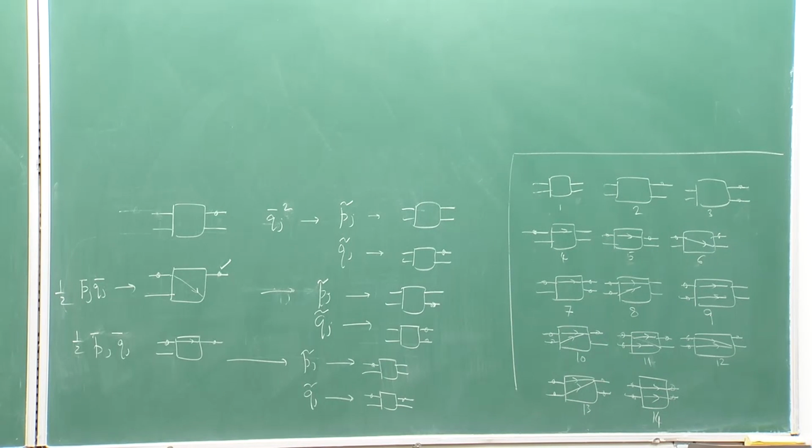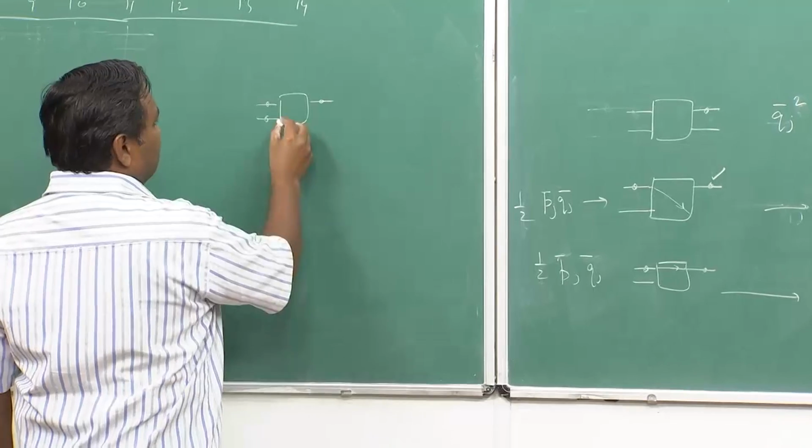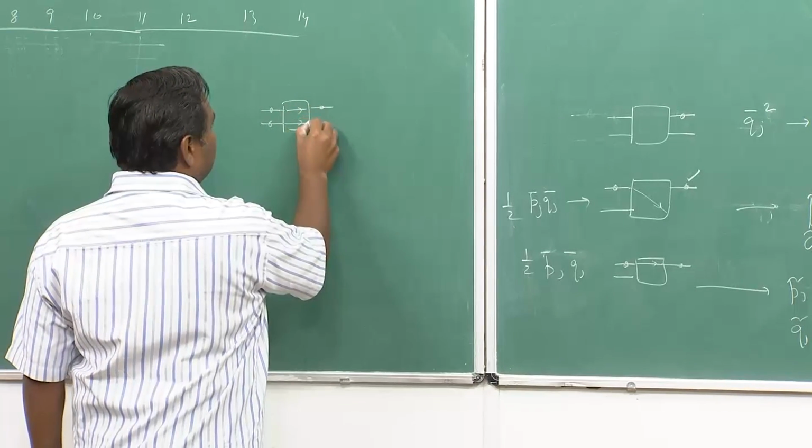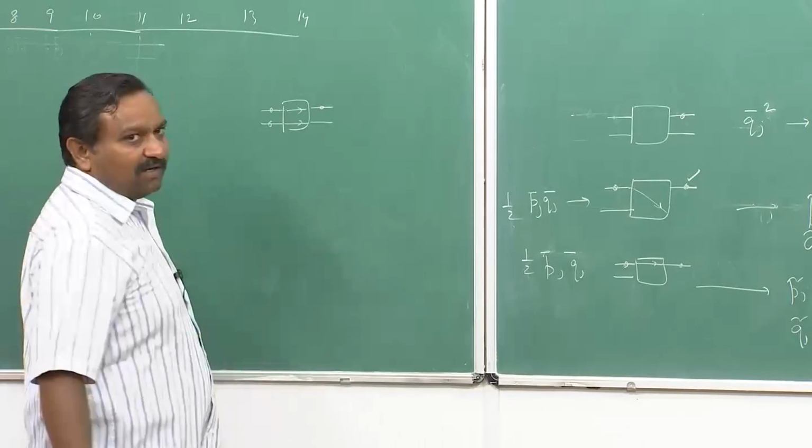If both the packets are coming. Okay. So, they both can be directed to different ports. So, cross and bar does not matter.